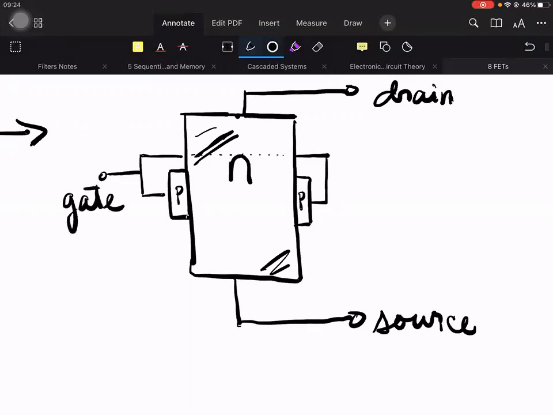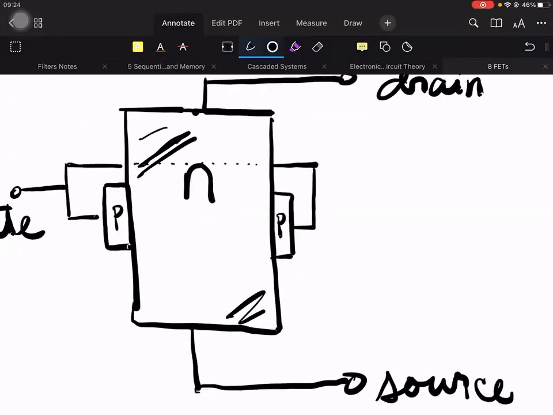When the gate is open, water will flow. When the gate is closed, water will not flow. So the terminals are appropriately named.